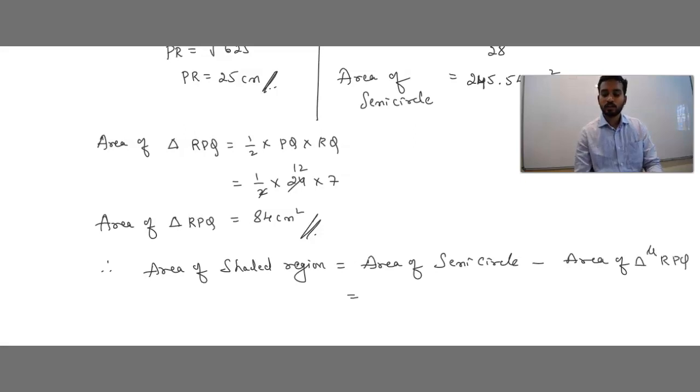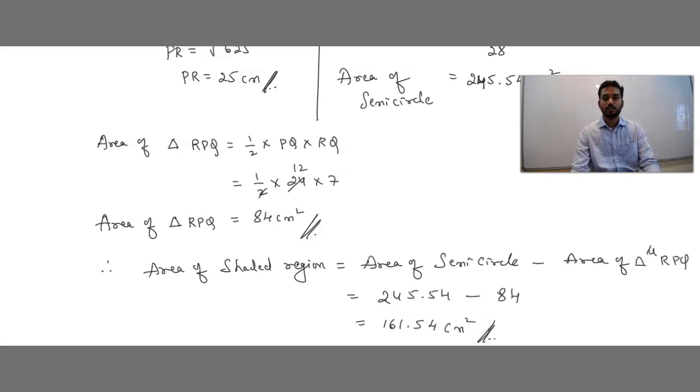What is the area of semicircle? 245.54 centimeter square minus the area of triangle, that is 84 centimeter square. So how much is 245.54 minus 84? That is 161.54 centimeter square. So this is the area of the shaded region.